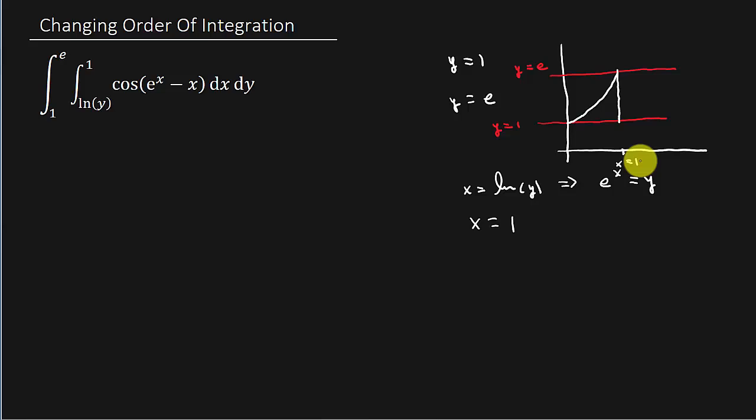What we want to do is set it up so we're integrating with respect to y first and then with respect to x. So we have cosine of e to the x minus x, and we want to do dy dx.